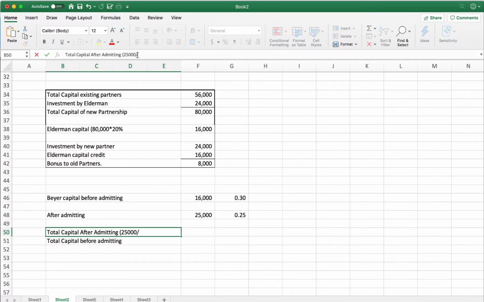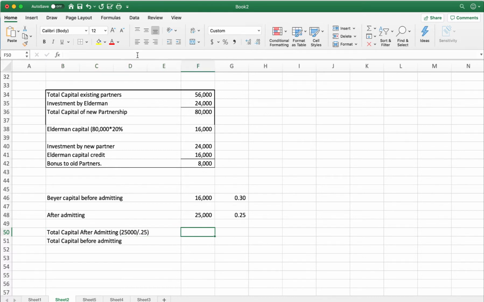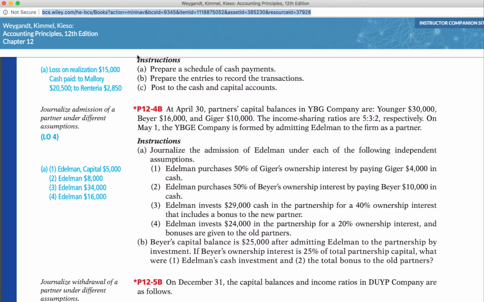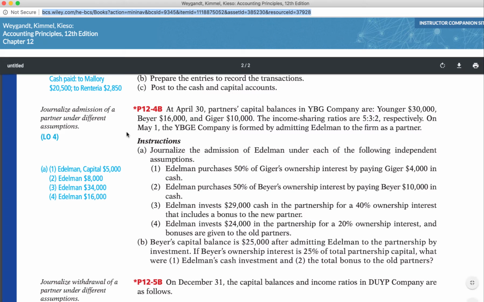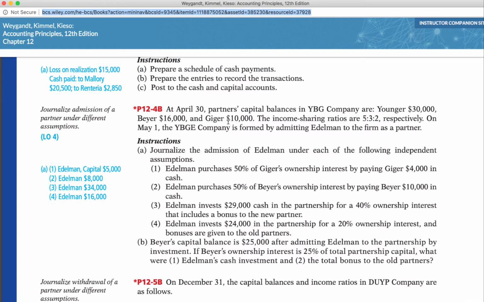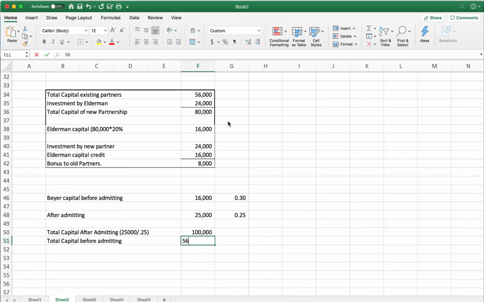If we divide that by the 0.25, that will tell us what our total capital is after admitting. We get $100,000. What was the total capital before admitting? Well, we can add all that up: 30,000, 16,000, and 10,000, which should be $56,000. My math is right.